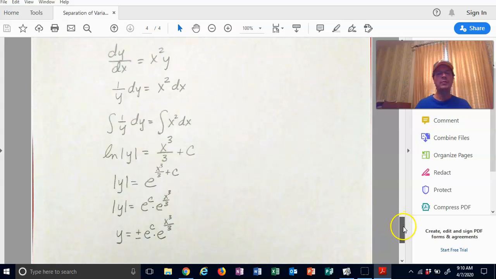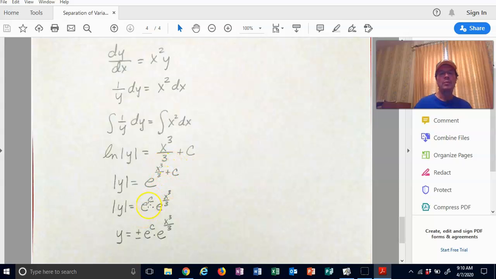So now I have the absolute value of y is equal to e to this kind of complicated power. But if you have e raised to the sum of terms, then what I can do is go backwards. I'm going to make that e to the c times e to the x cubed over 3. Because remember, if you're multiplying and the bases are the same, you would simply add the exponents. So I'd get c plus x cubed over 3, which is exactly what I had up here.